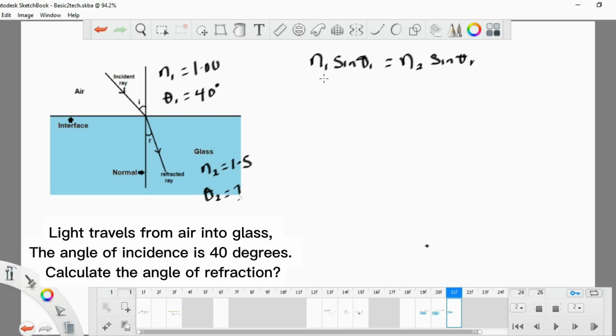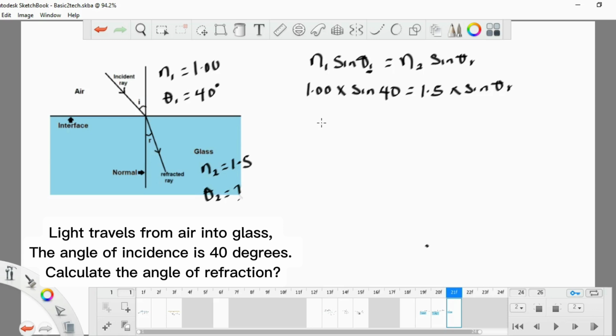Our n1 is 1.00 times sine of the angle of incidence, 40, equal to the refractive index of medium 2, which is 1.5, times sine of the angle of refraction.